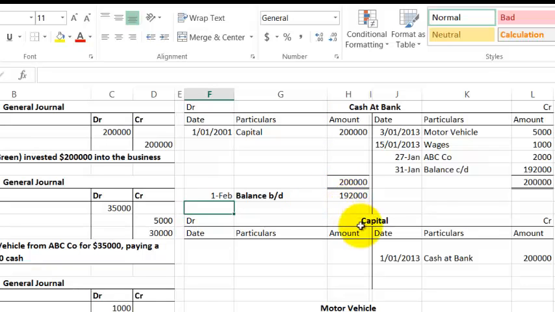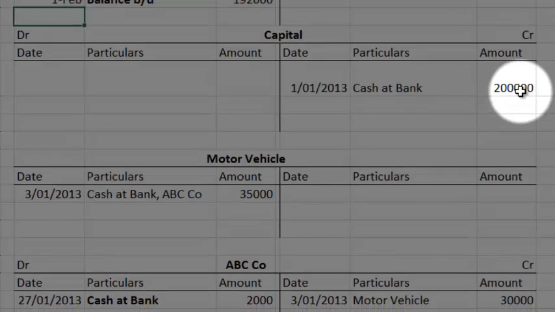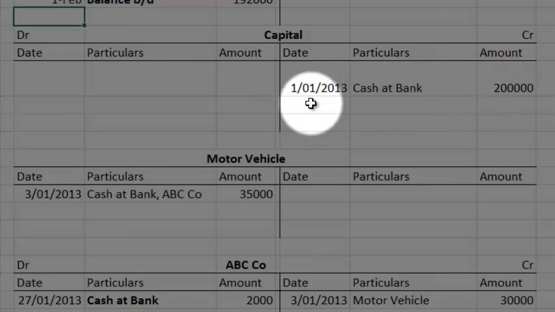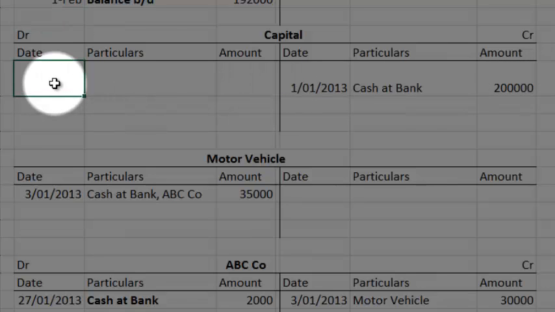I'm going to show you how to do the capital account. In this instance, there's only one item. You can see that it's obviously going to be $200,000 in my capital account, but I'm just going through the process again on this side now, purely to provide the balance mechanism as I showed you in the previous account.